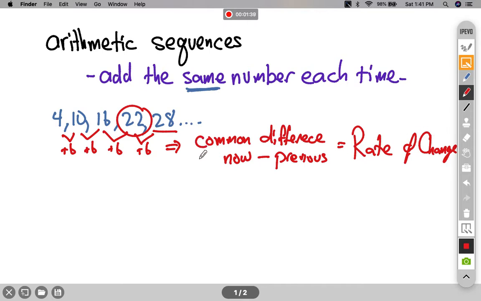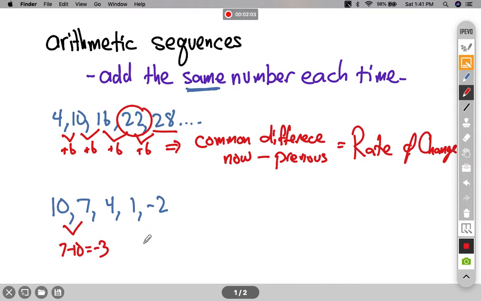So if we were to give you a different sequence, let's go 10, 7, 4, 1, -2. We're looking at our common difference. We would take 7 minus 10 is a -3.